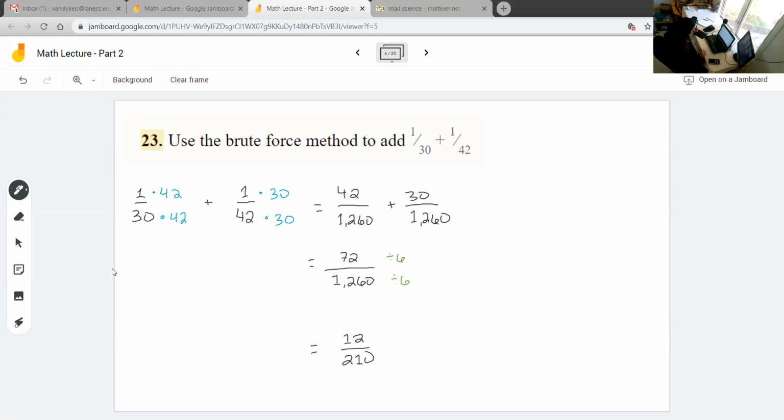And again, add up the digits, I get something divisible by 3, and they're both even, so 6 is going to work.